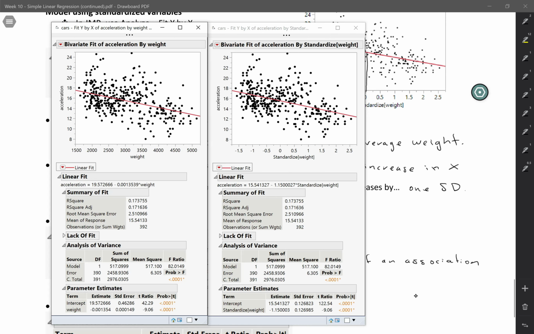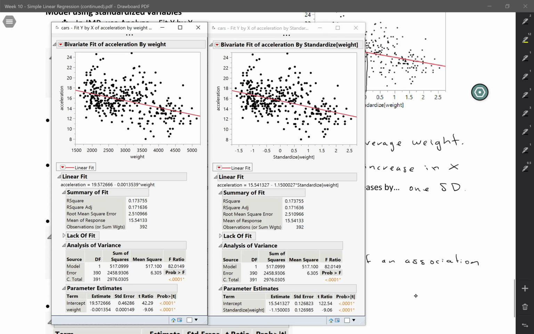And actually, if we do a side-by-side comparison, we'll notice that there's a lot of things in common between the regular regression and the standardized version. The R-squared is exactly the same, the root mean square error is exactly the same, and just looking at the picture, they look exactly the same, except that the scale has changed. So it turns out that both of these models will give you the same predicted values.